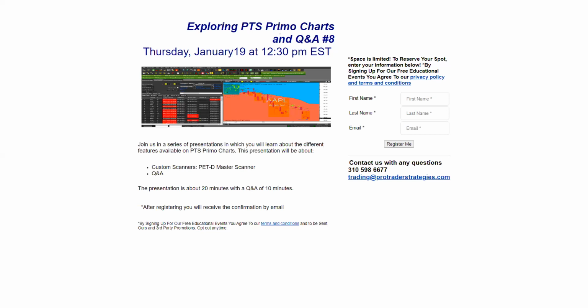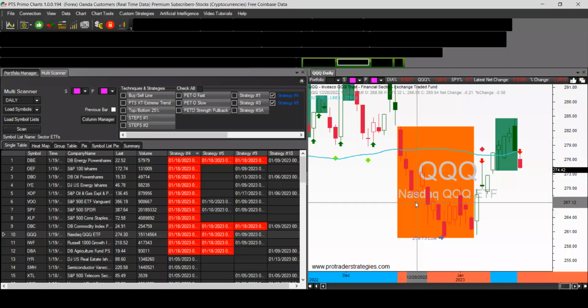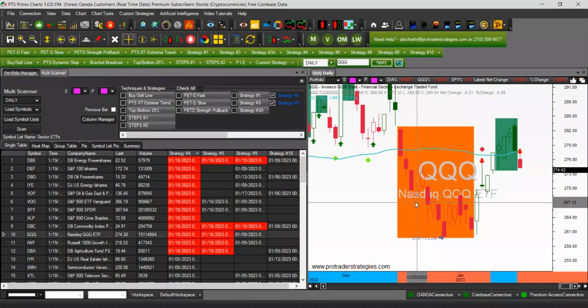I'm going to share the screen with my platform. And the PETD Master Scanner is one of the custom scanners that are on the top. So basically from this ribbon to the right-hand side up to this candlestick pattern, all of these are custom scanner packages. We talk about the candlestick scanner package comes with these 3 icons, and then we have the stock screener package that is these 4 icons.